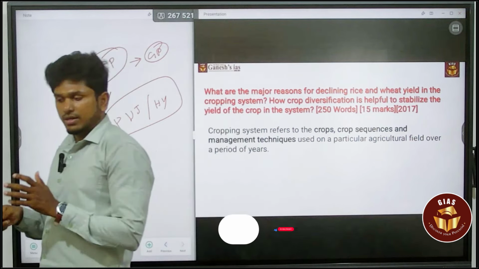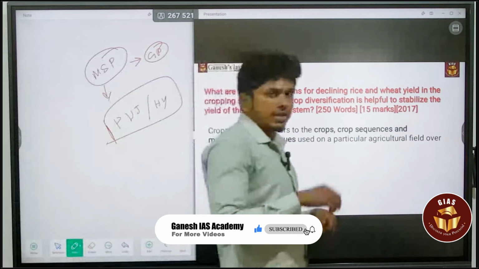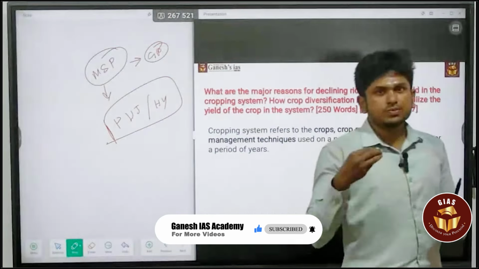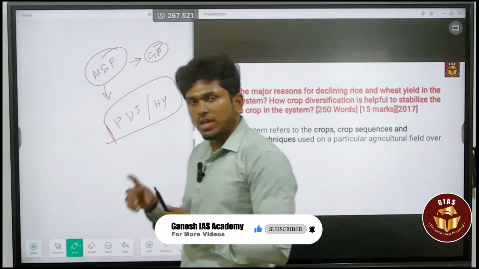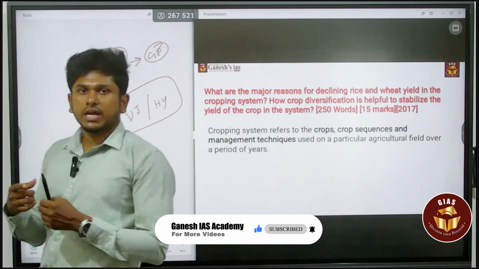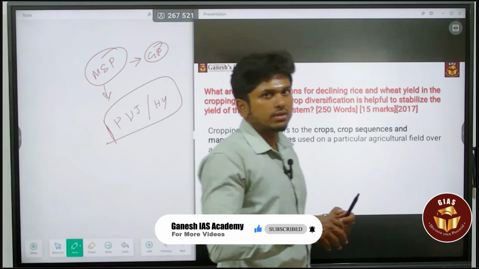And also, if you are continuously cultivating rice in your field, the rice may use certain specific chemical nutrients of your soil continuously. So that nutrient will get depleted, and all the other nutrients will be surplus in your soil.